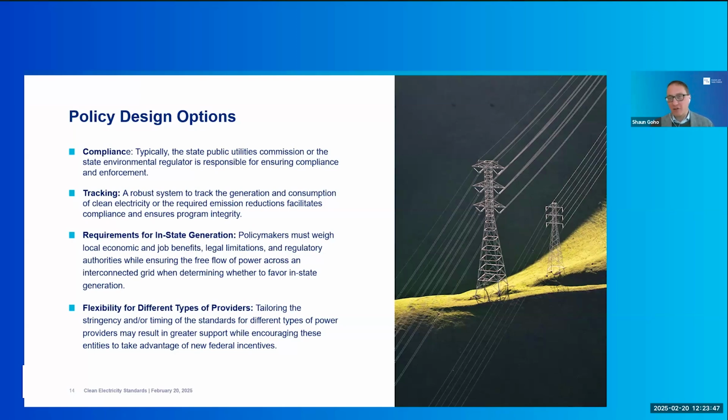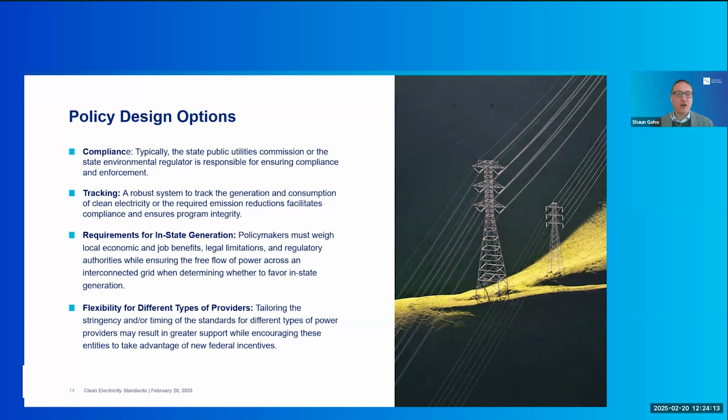Sometimes, as I said, that dollar amount is set directly by the legislature. Sometimes the legislation provides that the Utilities Commission will determine the exact magnitude of the dollar per kilowatt hour payment. And then in other cases, the Utilities Commission is left with a lot more discretion to determine just on a case-by-case basis what the penalty amount would be for noncompliance.